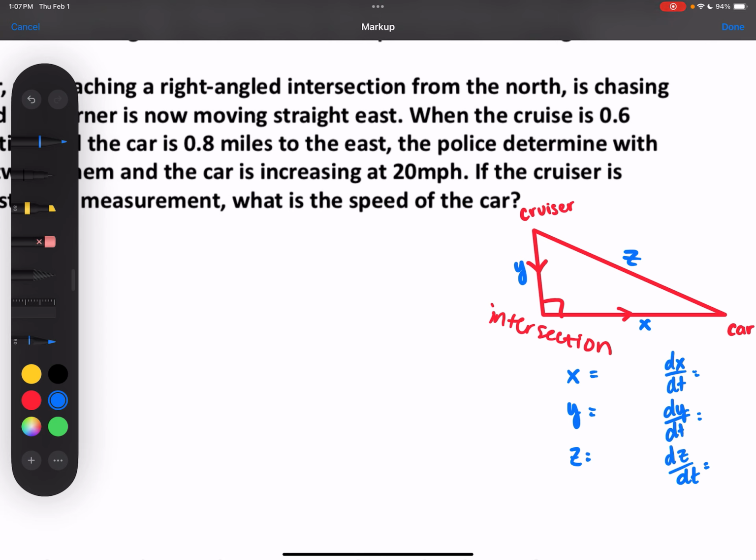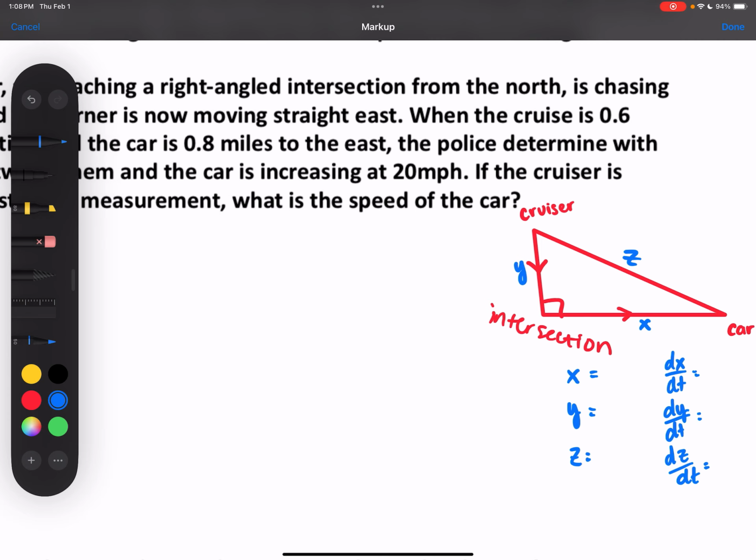Okay, so let's see. The cruiser is 0.6 miles north of the intersection. Notice he's north of the intersection. It's not that he is traveling north. He's north of the intersection. And so he is traveling, we'll get to that in a second. And then the car is 0.8 miles to the east.